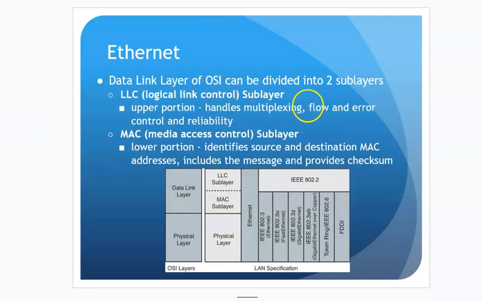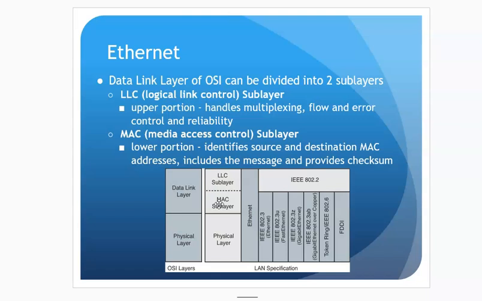It is actually composed of two sublayers. The data link layer of the OSI can be divided into two sublayers, the logical link control and the media access control. So if I take a look, here's my data link layer. I can actually break those two into the logical link control sublayer and the MAC sublayer. Well, the MAC sublayer is the one that's getting us access to the network.